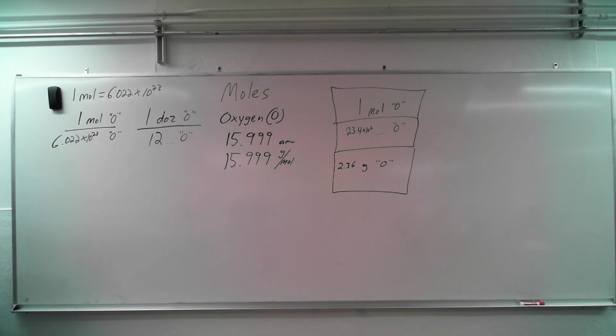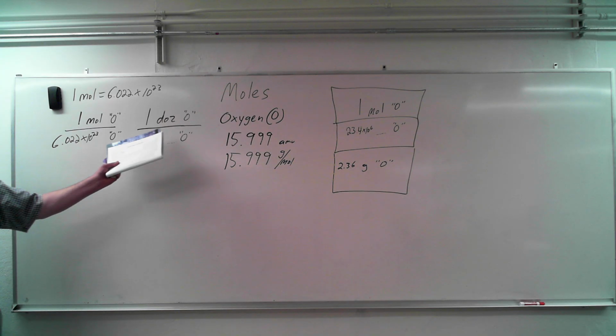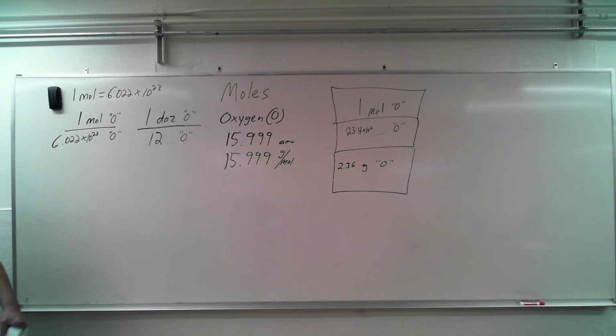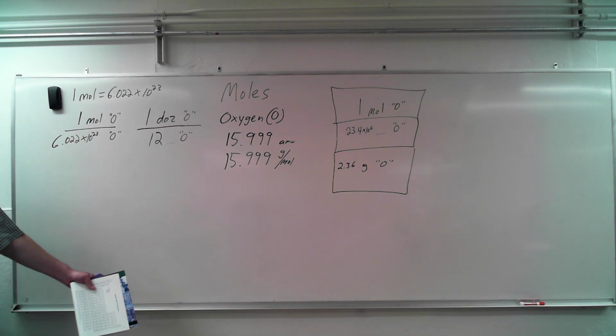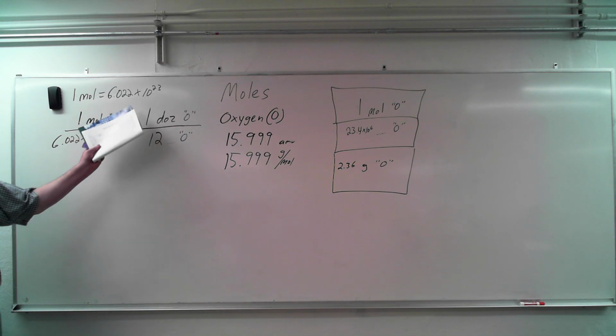There is a relationship to it, but the thing you can do anything with, it doesn't have to be oxygen atoms. It could be pencils on Earth, grains of sand on a beach, stars in the sky, things like that. Dozen we use for very simple numbers, but something that's huge, we use this.